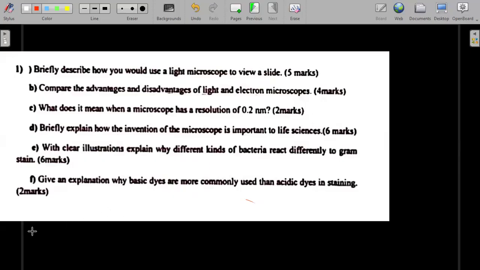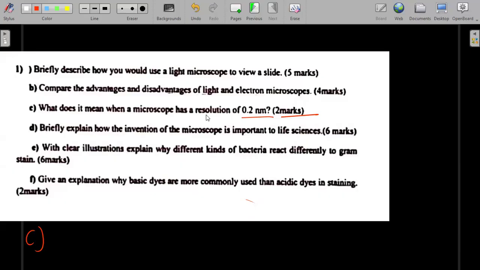So you can go to part C there. What does it mean when a microscope has a resolution of 0.2 nanometer? The resolution is very small there. You have 2 marks. We talked about resolution in class when we did microscopy.